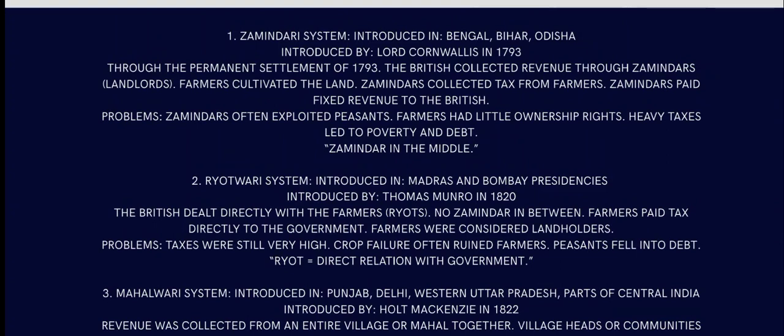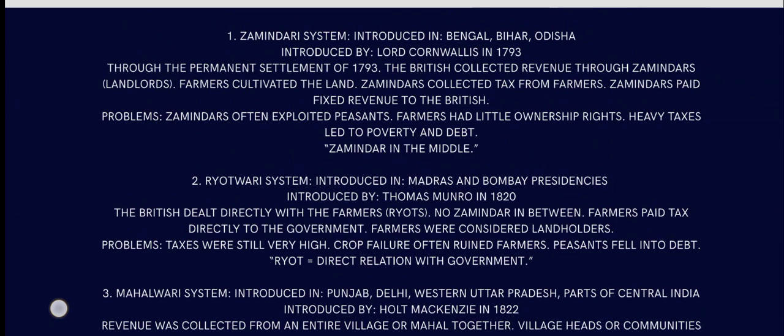Zamindar collected tax from the farmers, and they kept one portion and paid the fixed revenue that was set up by the British to the British.